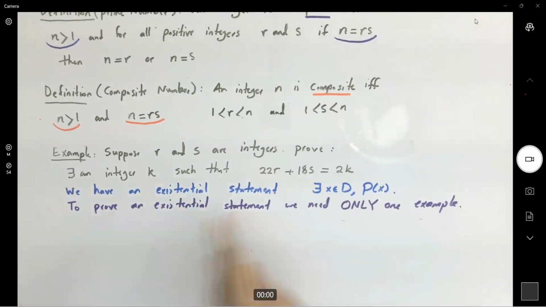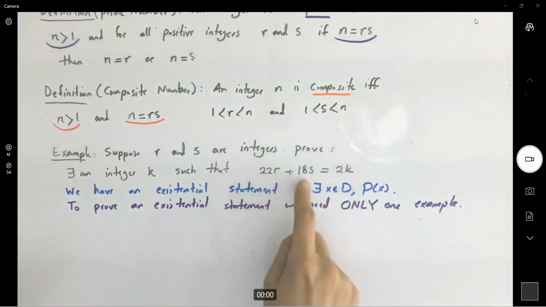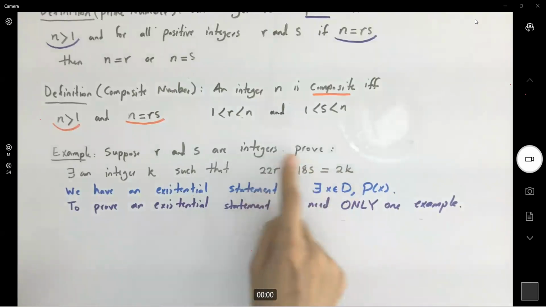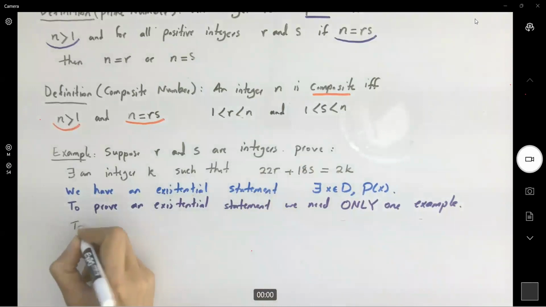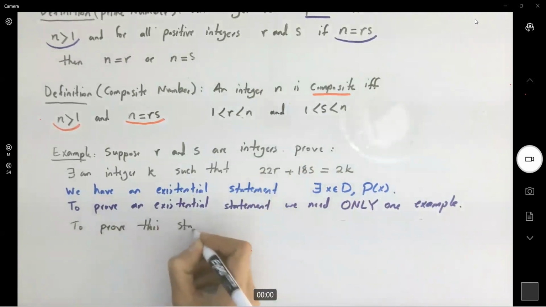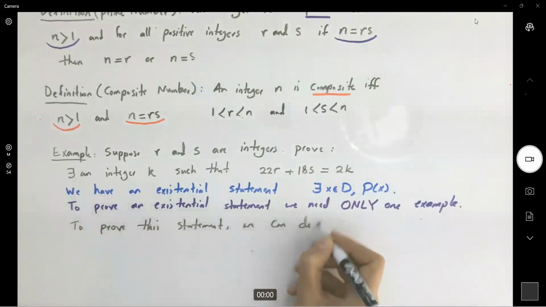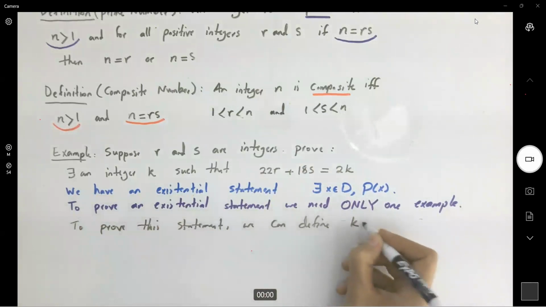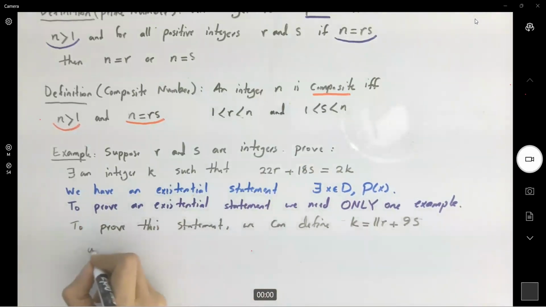But now take a look at this statement. We have R and S involved in the statement here, in the equality here. So to prove this statement, we can define k to be 11R plus 9S, and we are done.